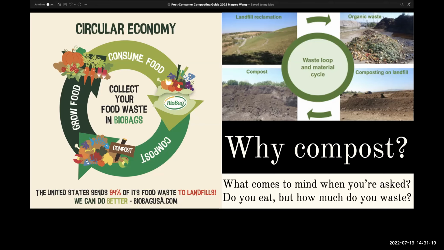Instead of just dumping it in landfills, we can actually upcycle the waste. So a couple of questions: what comes to mind when you're asked why compost? Not many people do it regularly, especially in New York State. It's not required by law.